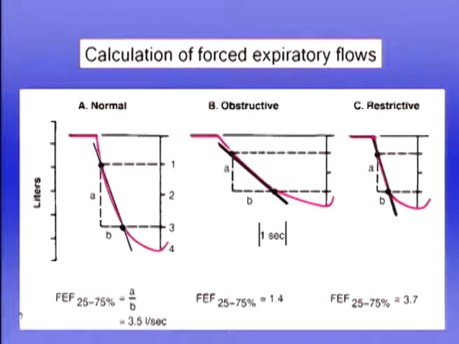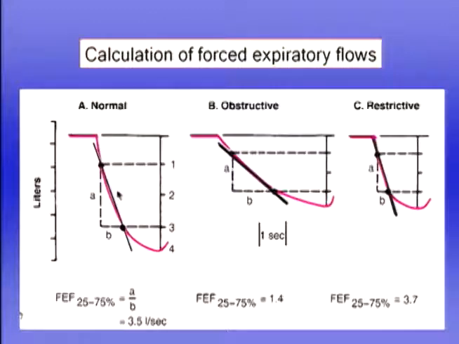Now, sometimes we also make another measurement on the forced expiratory curve, and that is we calculate the forced expiratory flows. And to do that, we take the middle half of the expired volume and we draw a line through the points, and that gives us the forced expiratory flow with the subscript 25 to 75%.